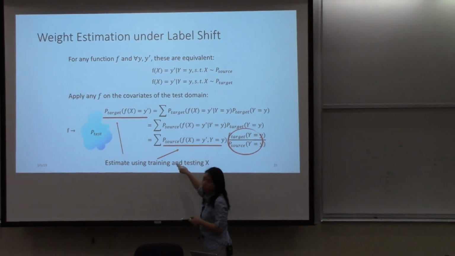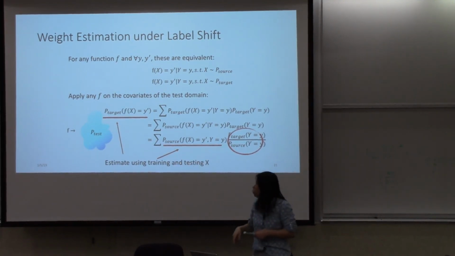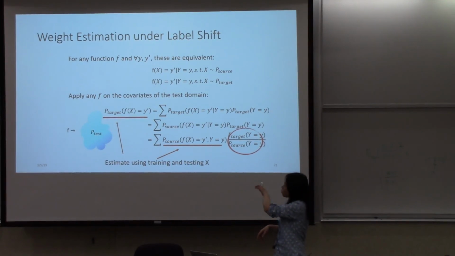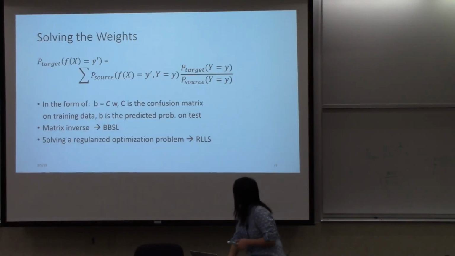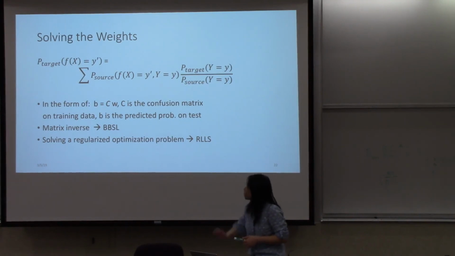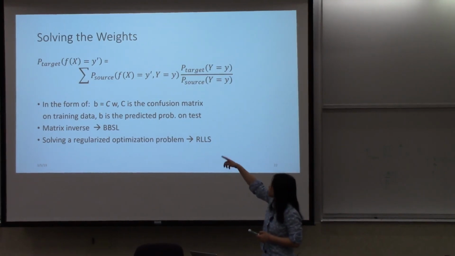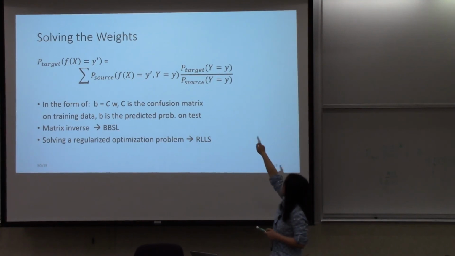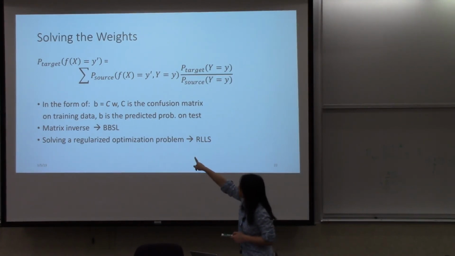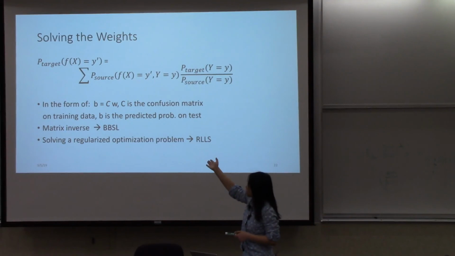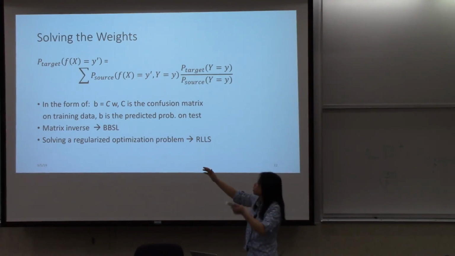So these two parts you can estimate from the data, using both source and target data. And then the problem reduces to B equals C times W. W is the density ratio, the weight. C is the confusion matrix, as I mentioned, and B is the class distribution of your predictor on target data.